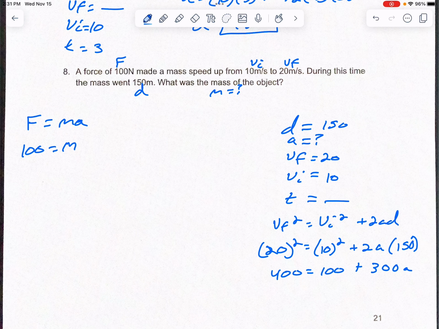Move that 100 to the other side, and it becomes 300. So 300 divided by 300, and you get an acceleration of 1 meter per second squared. Now I know A, so I'm going to plug that in over here. So 100 equals mass times 1. Divide both sides by 1, though you don't really have to do that, and you get a mass of 100 kilograms. And that will end that one.